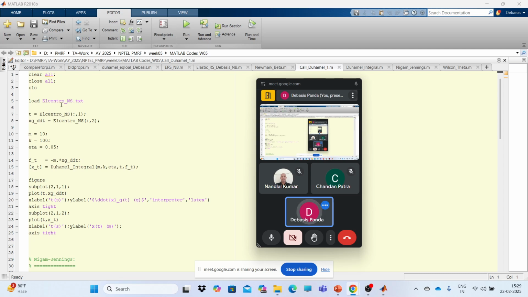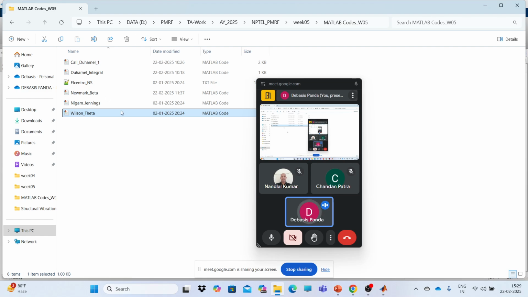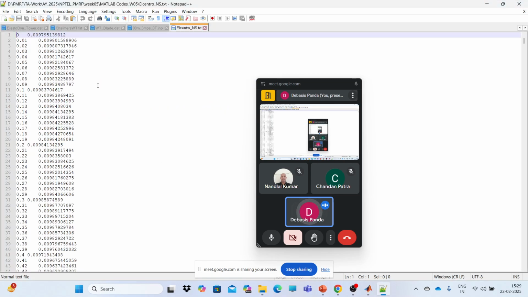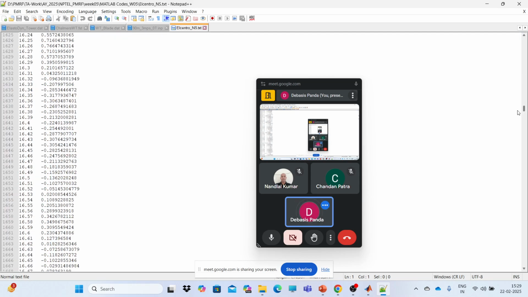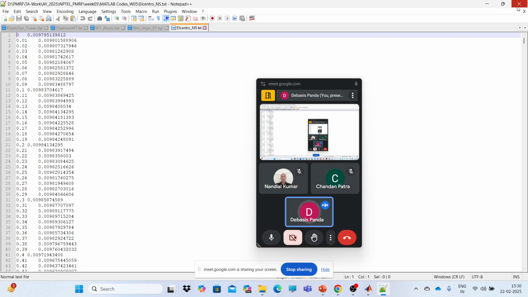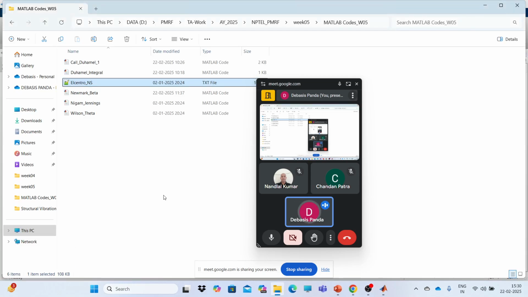I load it. In the text file we have two columns of data. If I show you, this is the earthquake data time series, time versus ground acceleration. We have thousands of data points, according to whatever time points we have.